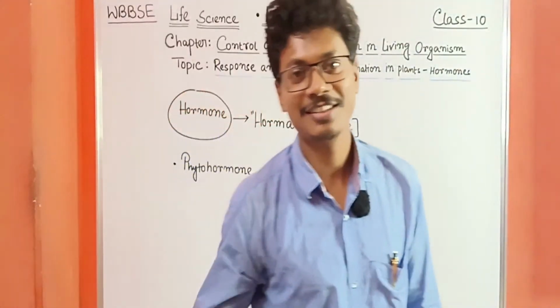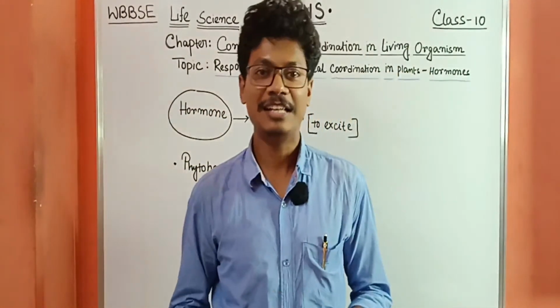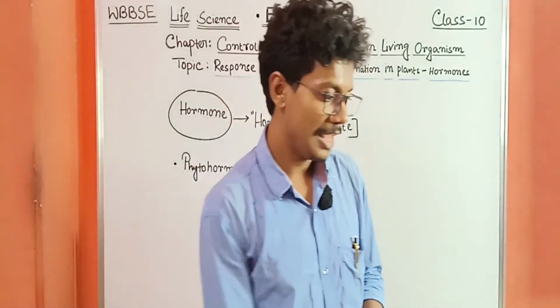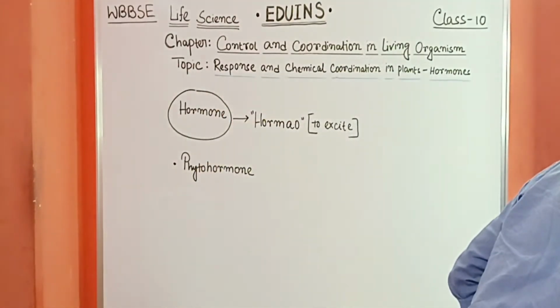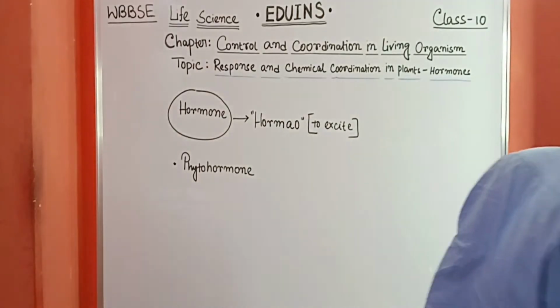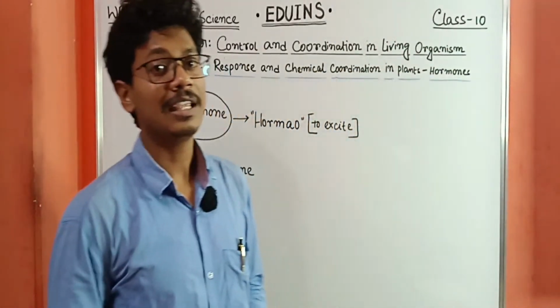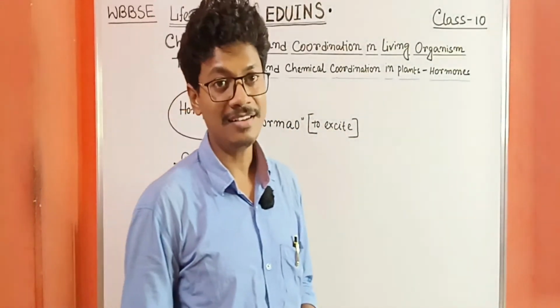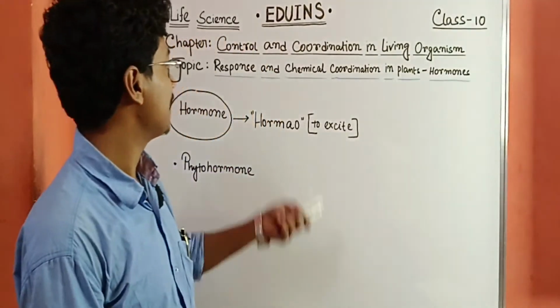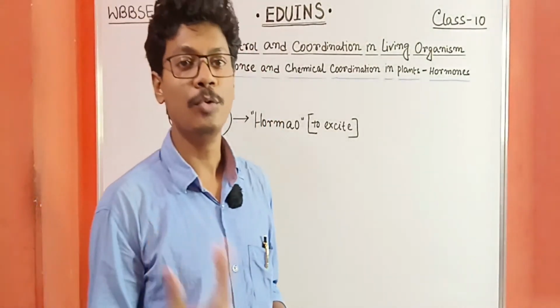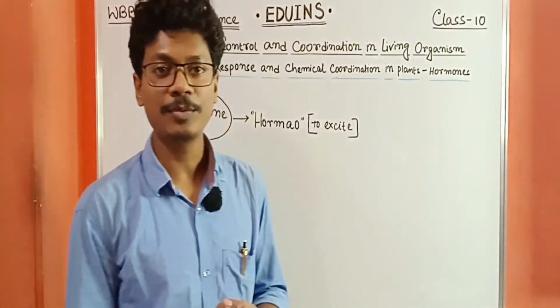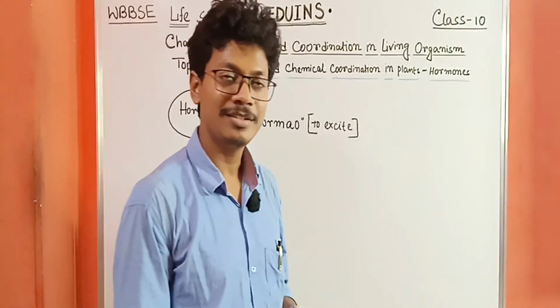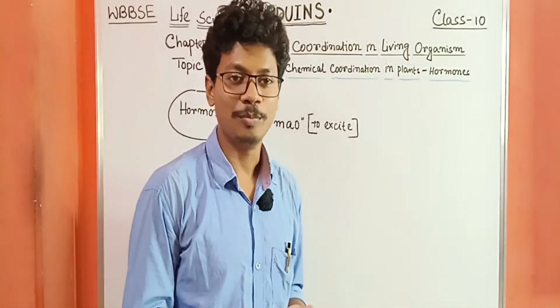Hello students, welcome to another live class of Edwins. In the previous class, we discussed chemical coordination in plants and their responses in various movements like the tropic movement, the nastic movement, and the tactic movement.